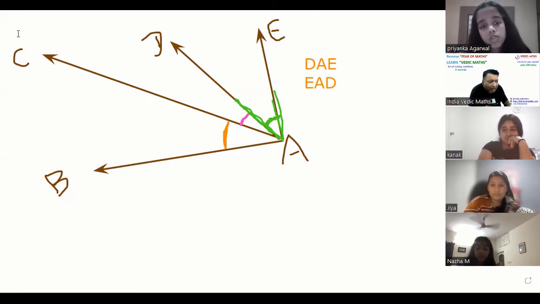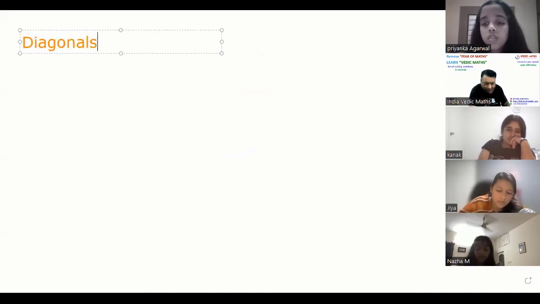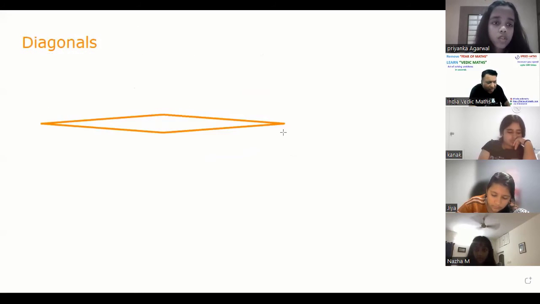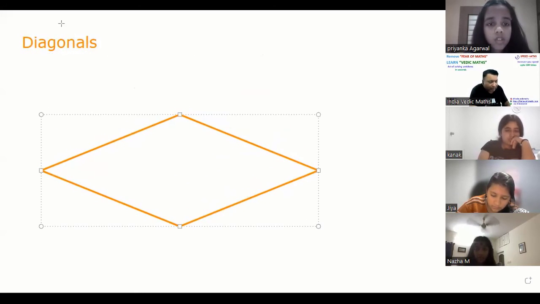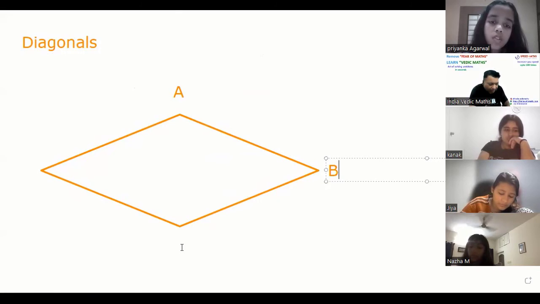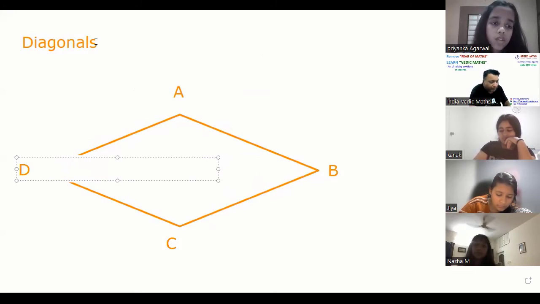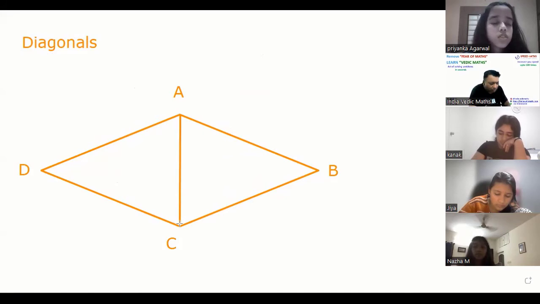Now, I told you about diagonals, right? Suppose I make this kind of figure, and I make A, B, C, D, and suppose I make this also and this also.